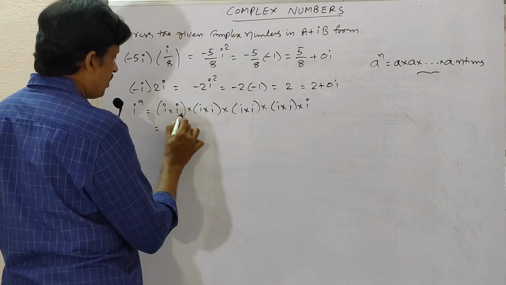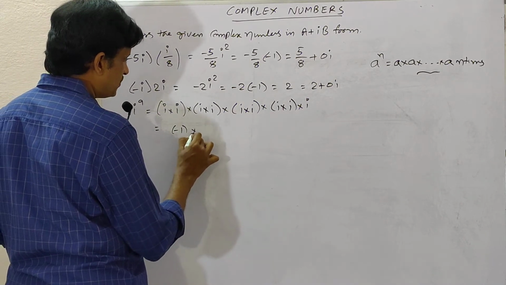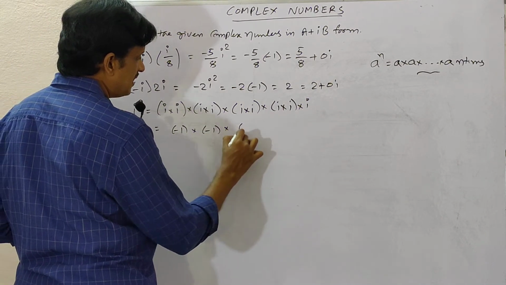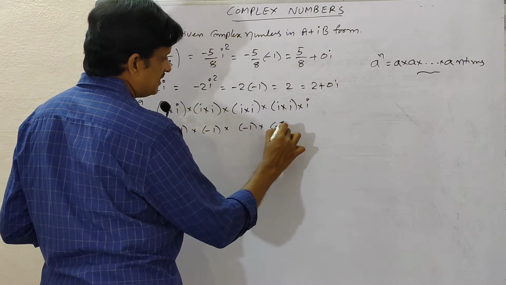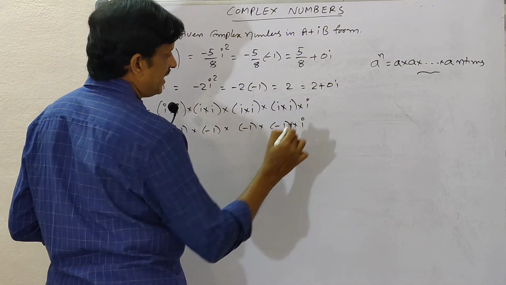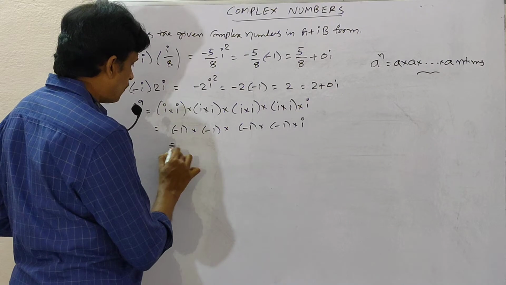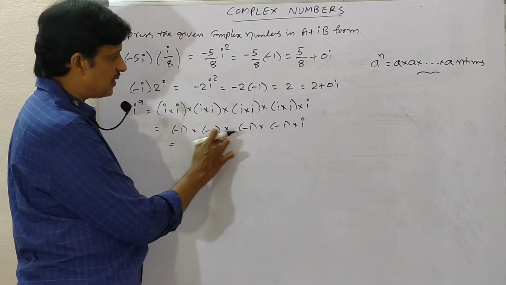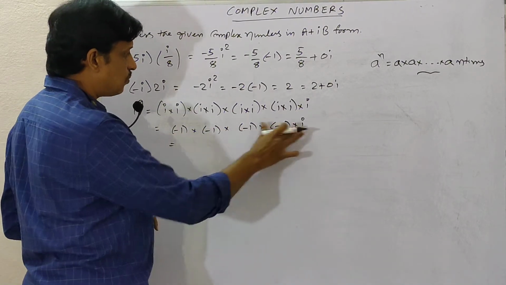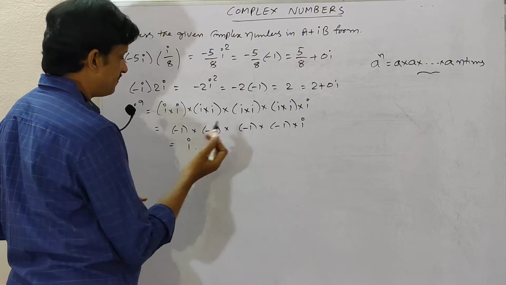As we know the value of i square is minus 1, this is minus 1, this is minus 1, this is minus 1, this is also minus 1. Then at the end we are left with i. Now minus 1 into minus 1, that is plus 1. Here also the product is plus 1. 1 into 1 into i, that will be i.